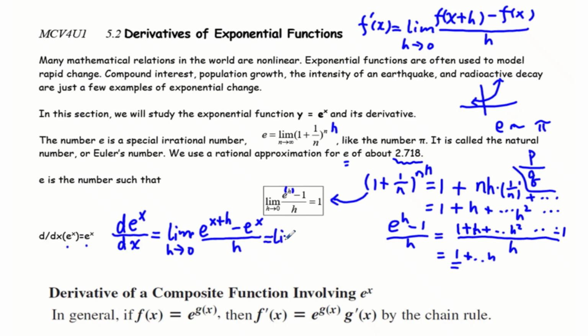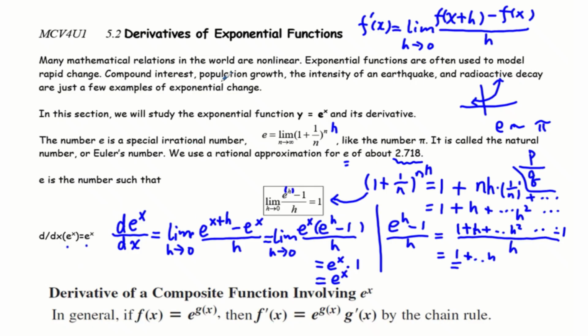Then we factor out the common factor, e to the exponent x. You will have e to the h minus 1 over h left. Then we know e to the h minus 1 over h is 1, so we have e to the exponent x times 1. Then it is itself.